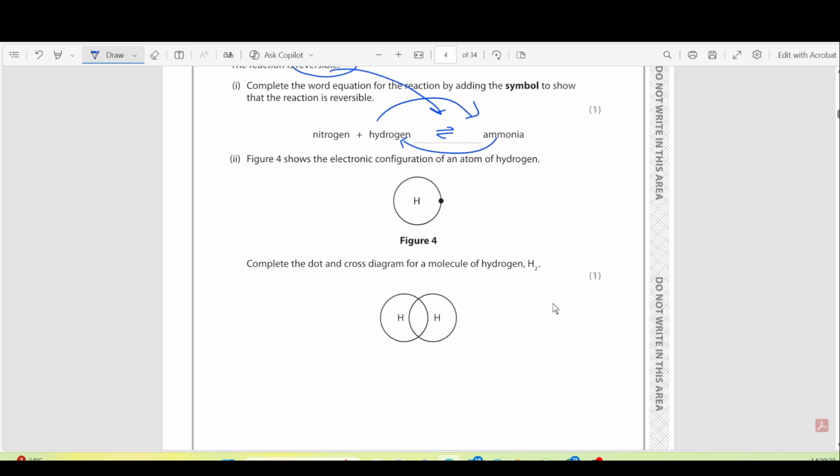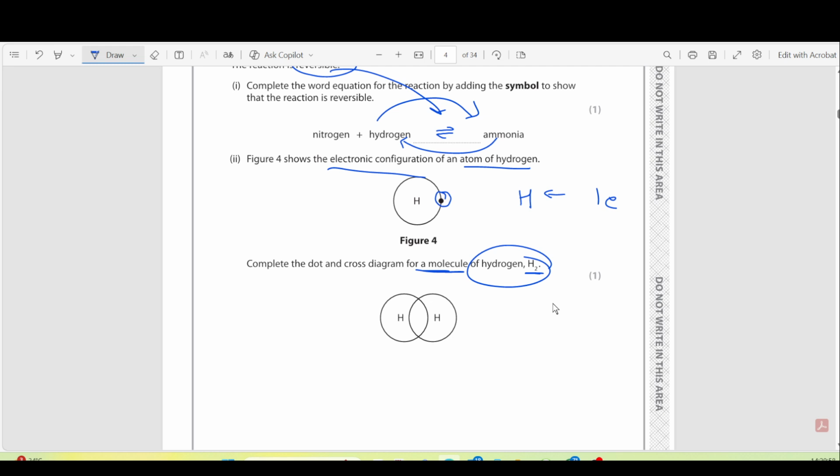So this is showing the electronic configuration for a hydrogen atom. This is one atom of hydrogen, so there is one electron because hydrogen has one electron. This is the molecule, meaning a group of two atoms, H2. So two hydrogens are there. One dot we can write for this hydrogen.